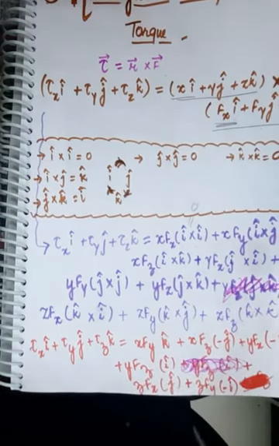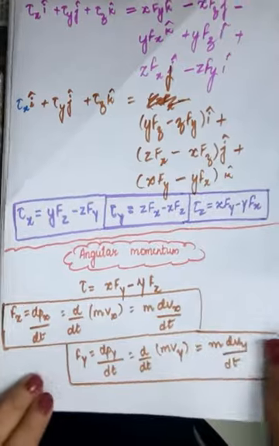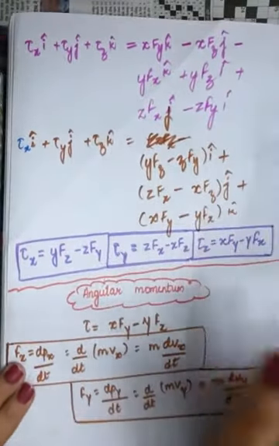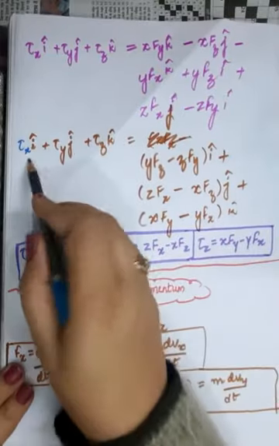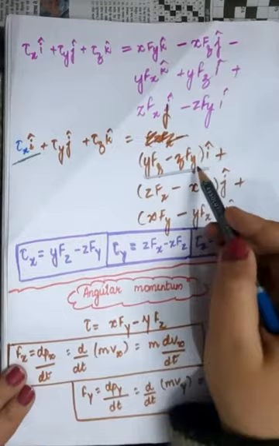Once you combine the terms, what are you going to get? You are going to get the equation like this. So after that, just see tau x i cap and this stuff of i cap compared here.